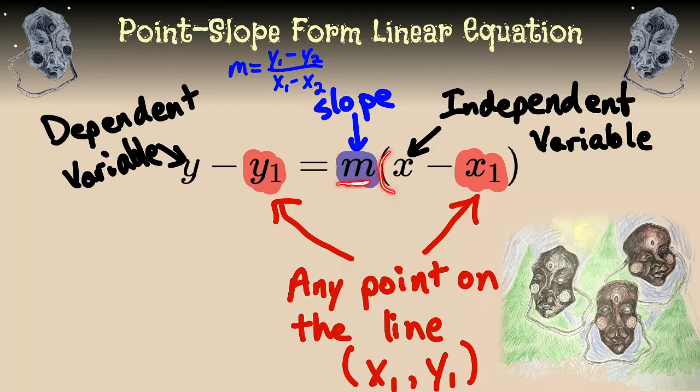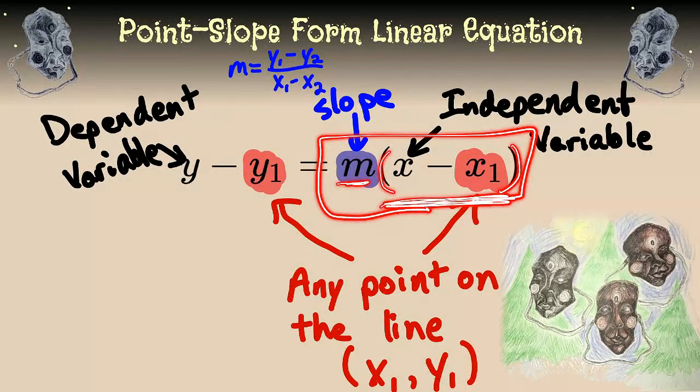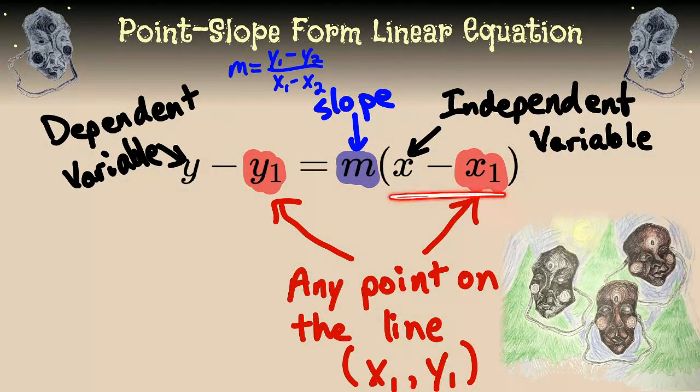Notice that we're multiplying m by everything in parentheses. So if we divide this whole side by the parentheses, then what we have is y minus y1 divided by, we're dividing by this, so that's going to be in the denominator, x minus x1 is equal to, all that will be left is the m.